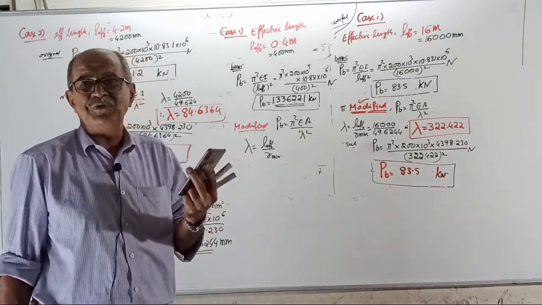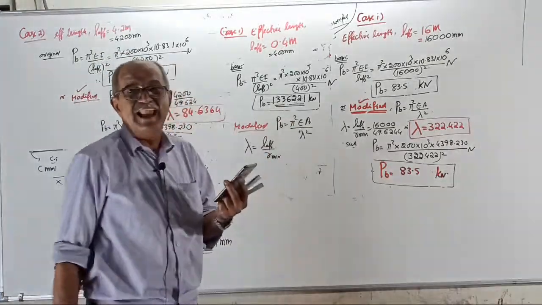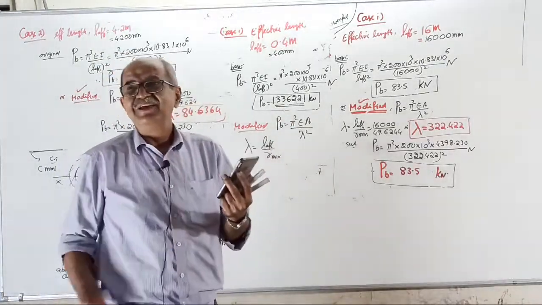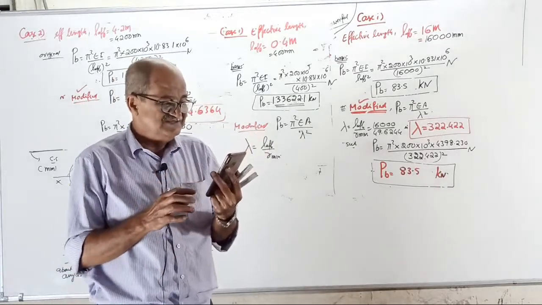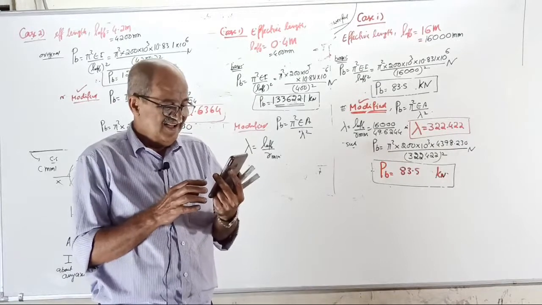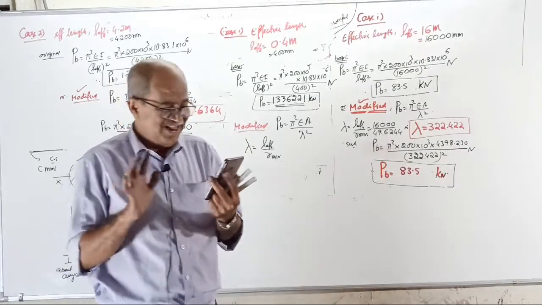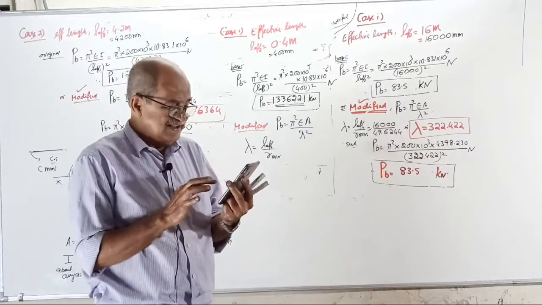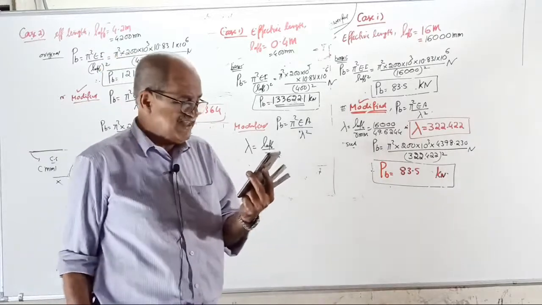Tell me yes or no, frankly, because your number is tallying. In a hurry, you divide by 10 to the power 6. Tell frankly, yes or no. No answer. I think that's what mistake you made.